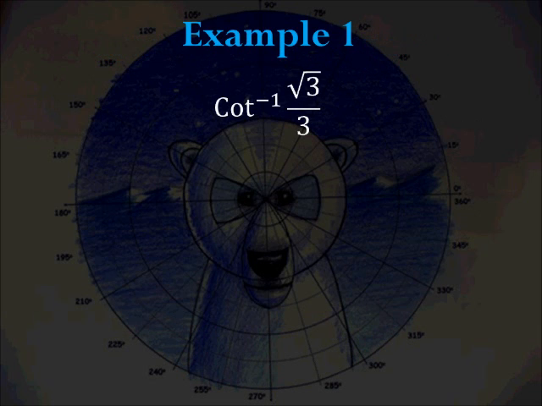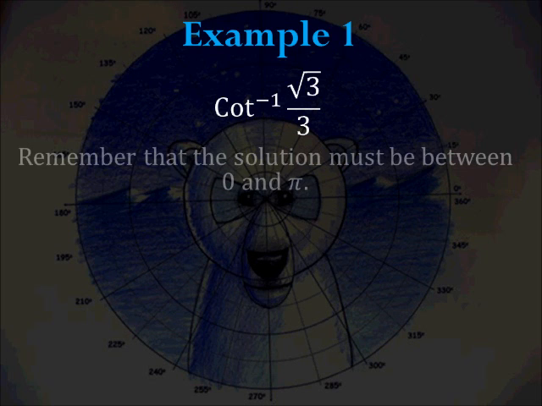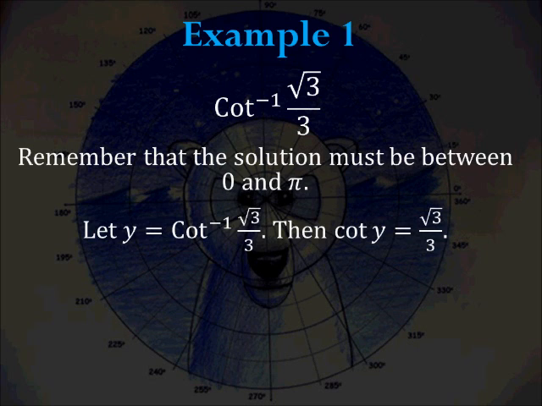Alright, let's take a look at some examples. These aren't too bad to start. The inverse cotangent of radical 3 over 3. Remember that the solution for this must be between 0 and pi. So for what value of y does the inverse cotangent equal radical 3 over 3? Thus, the cotangent of y equals radical 3 over 3.